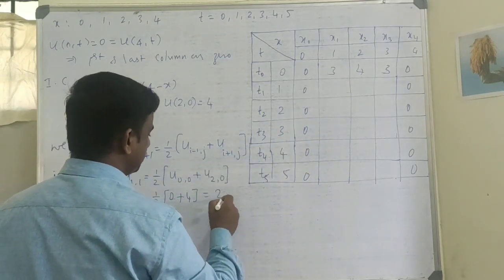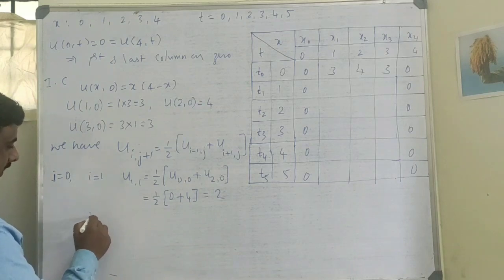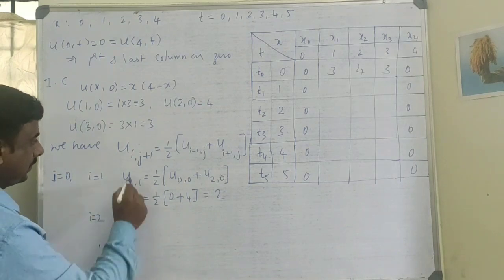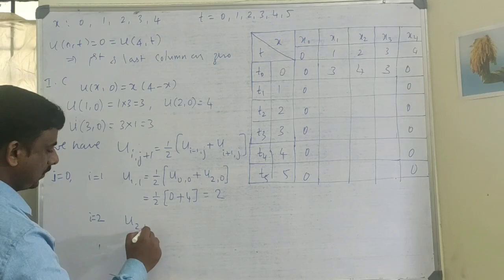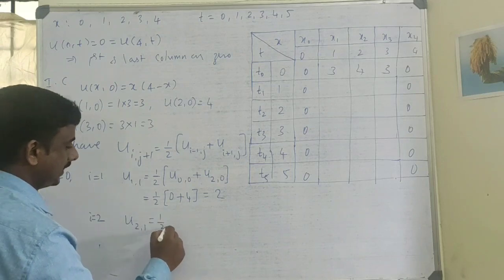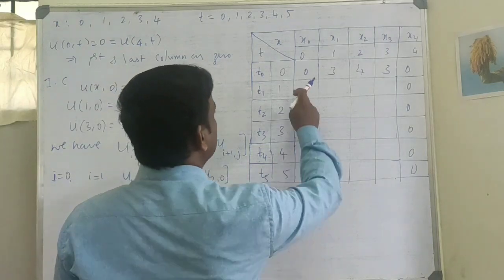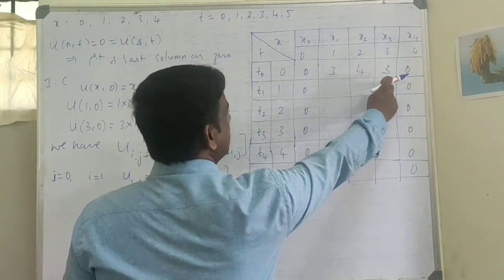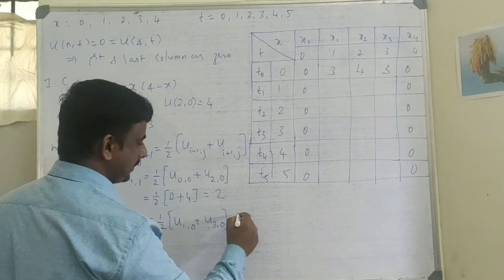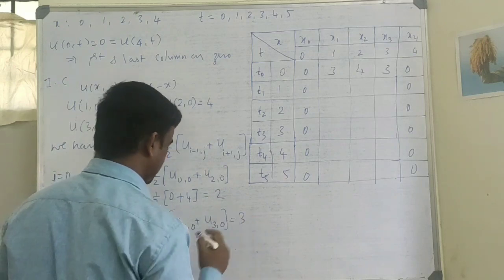You get 2. Next, taking i equal to 2, u(2,1) = 1/2 [u(1,0) + u(3,0)]. u(1,0) is 3, u(3,0) is 3. So 3 plus 3 by 2, you get 3 again.